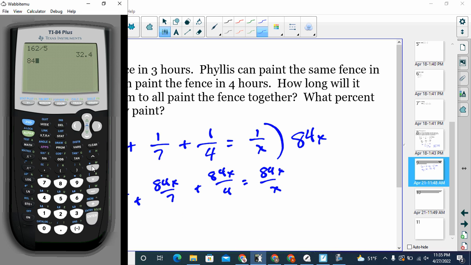84 over 3 reduces to 28. 84 over 7 is 12. I forget my x here, sorry. 84 over 4 is 21. 84x over x is 84.